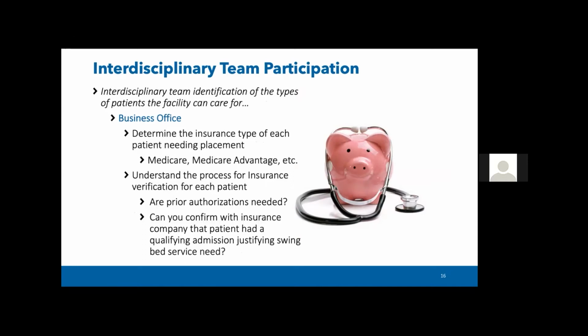Having all of this ahead of time makes the process for accepting and not accepting a patient smoother and more efficient. And it also lends itself to defining who that ideal patient is for our hospital.